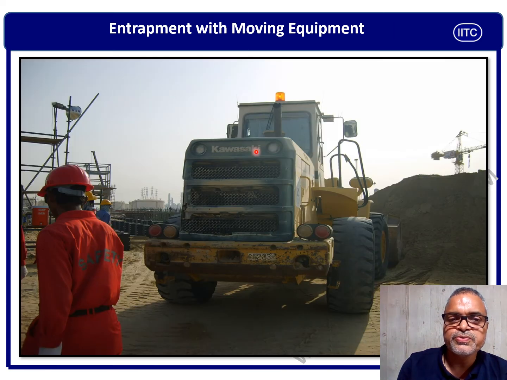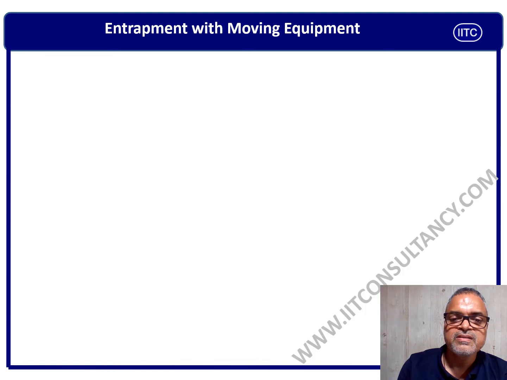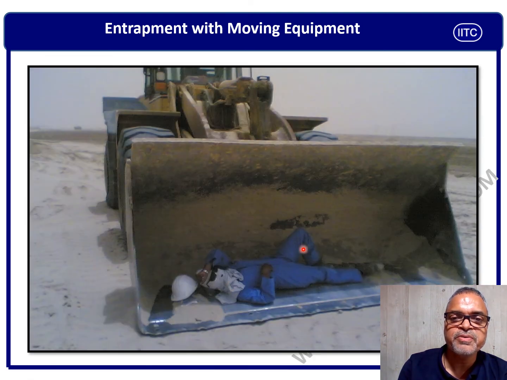These are a few scenarios. These are a few examples. We can see that a vehicle may hit these people, and this vehicle must have a reverse horn so that the operator can be warned. These are other bad examples of excavation safety.